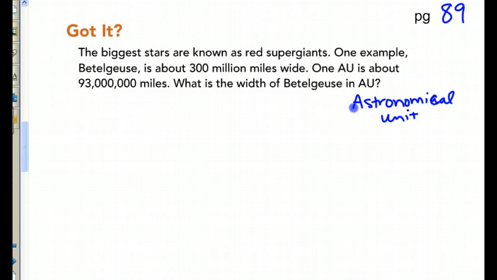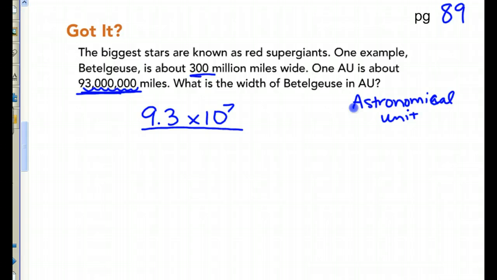So what they want us to do here is divide. We're going to put both of these in scientific notation. So 9.3 times 10 to the 1, 2, 3, 4, 5, 6, 7th power. That's 1 AU, one astronomical unit. We're going to divide the width of the star by that.